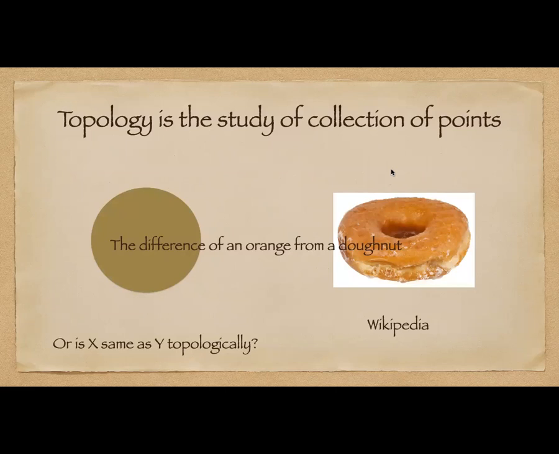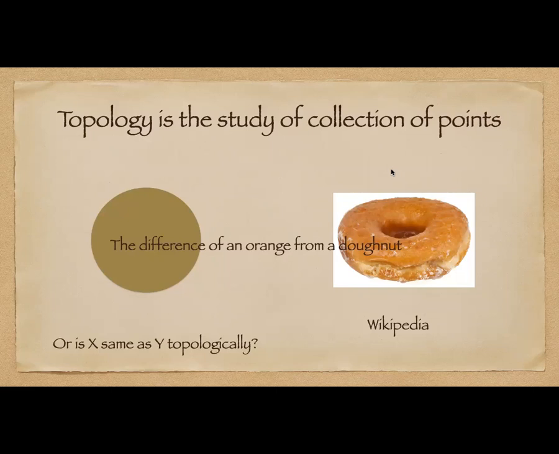For example, topology will teach you how to distinguish between an orange and a donut. What is the difference between a sphere and a torus? This is a simple question. Are they the same or are they different? From the point of view of mathematics, they are different.